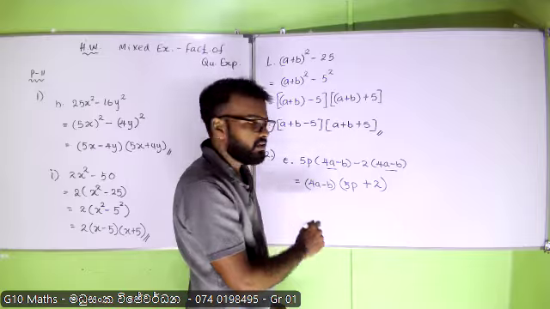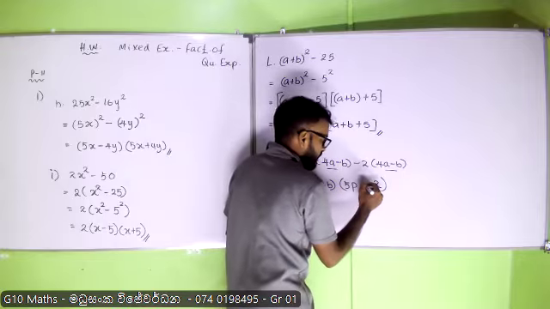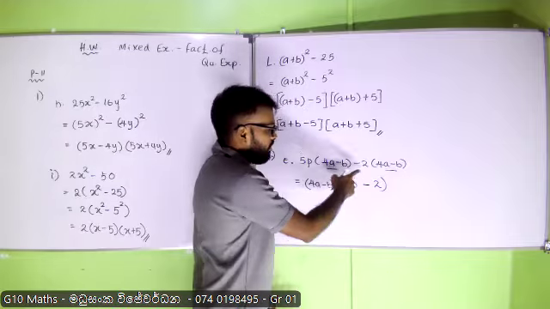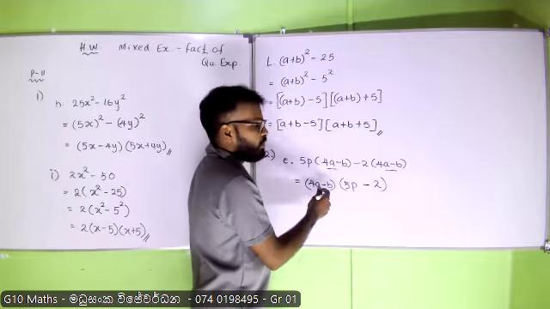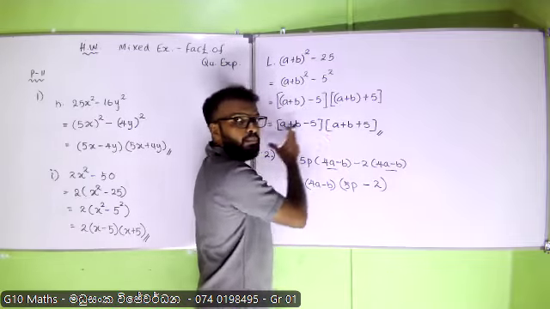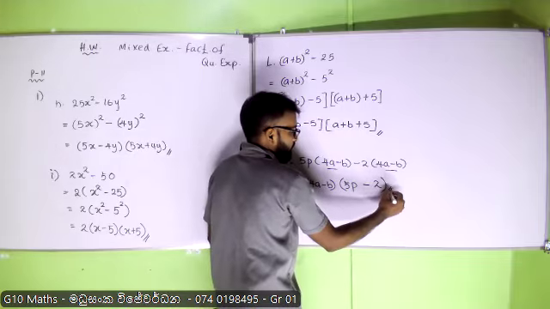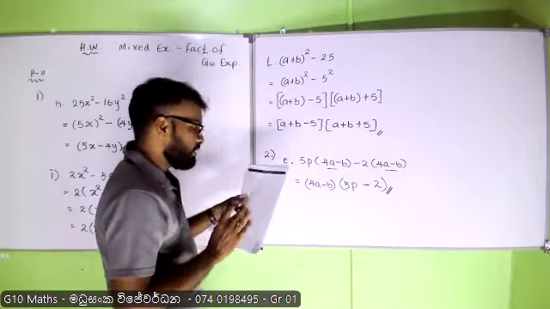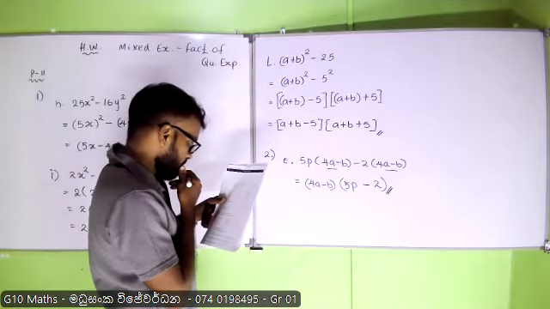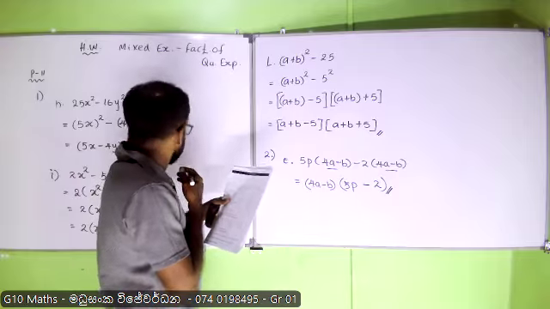No. So you have to keep the same sign. Minus 2, because you are taking a positive factor out. So this is your answer. All the others are the same.